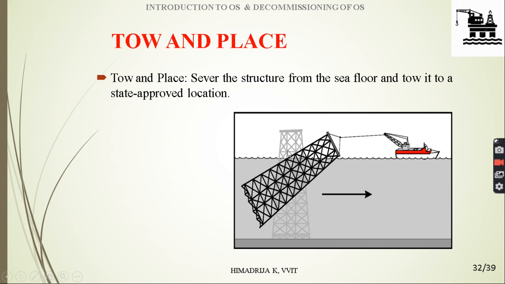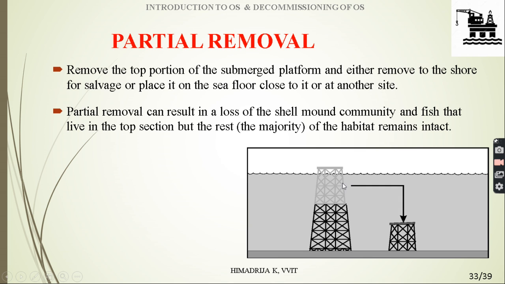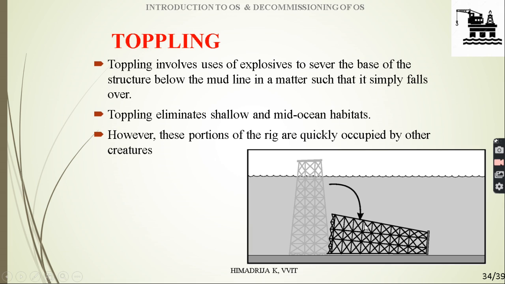If the navigation route is seamless this way, we lift up the structure such that we get a good navigation path. Another method is partial removal, such that it's cut on a partial basis and kept there itself, so that navigation will be easier and coral reef production is also helped.